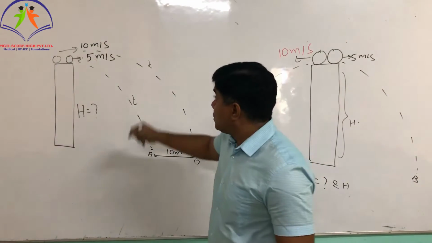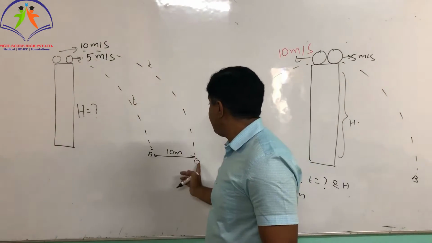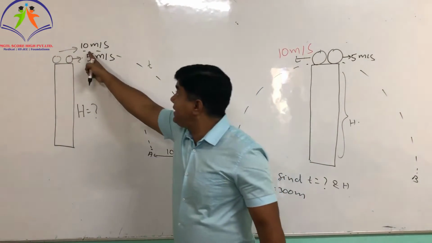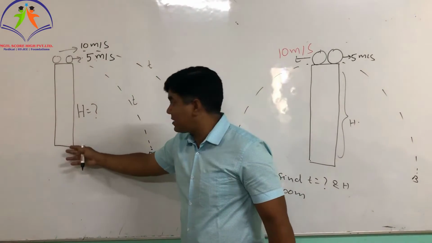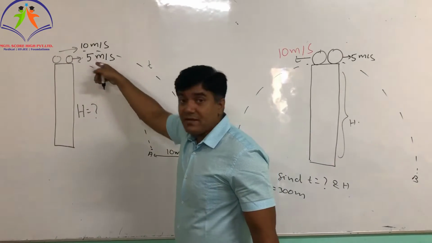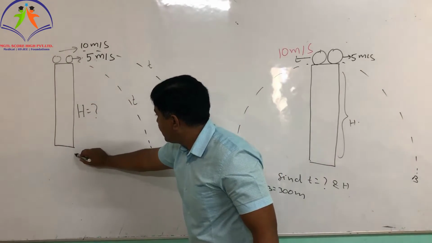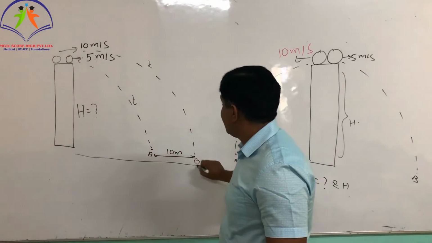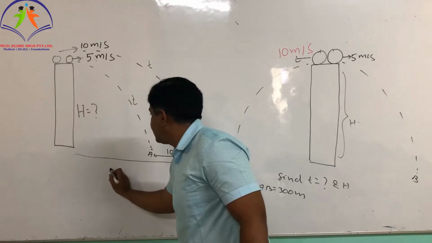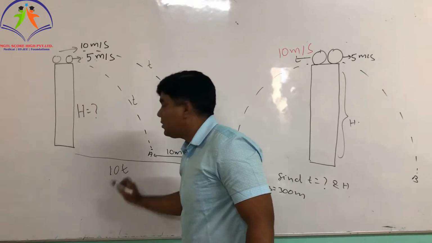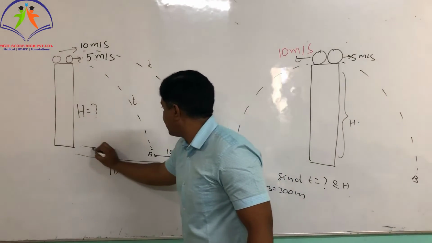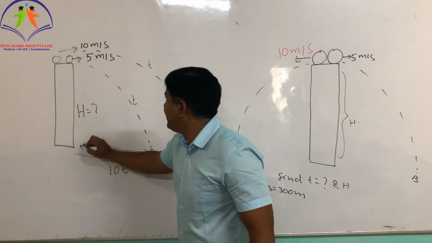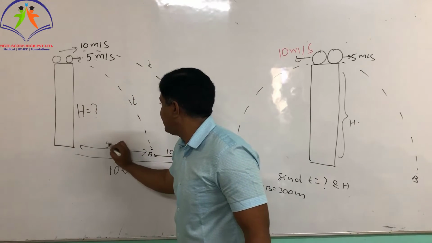Horizontal range from the base of the tower: for B, speed into time, that is 10t. See how simple it is. And for A, 5 meter per second, speed into time, 5 into t, that is 5t.